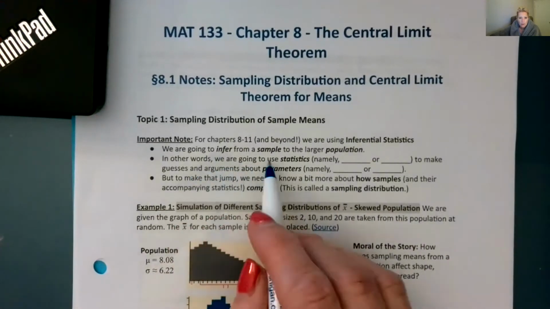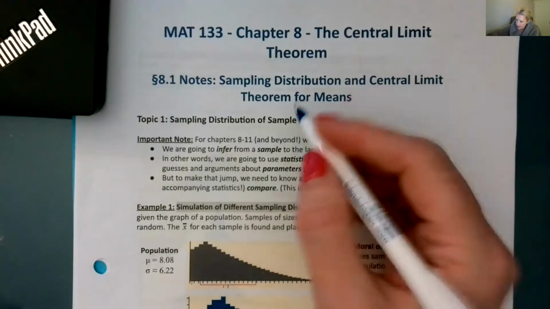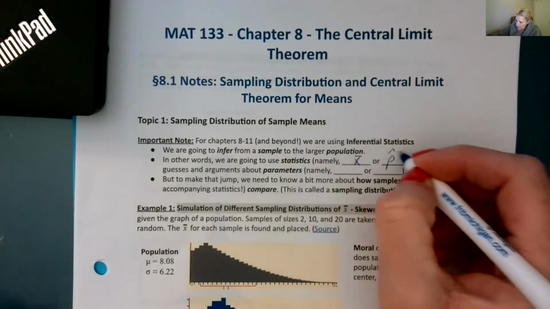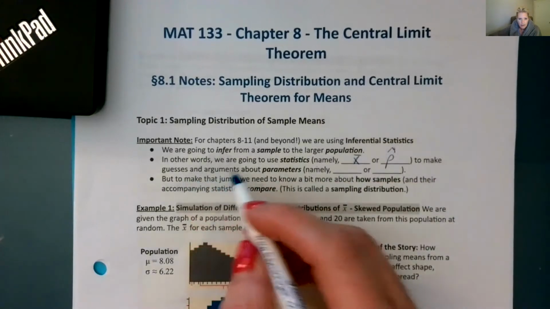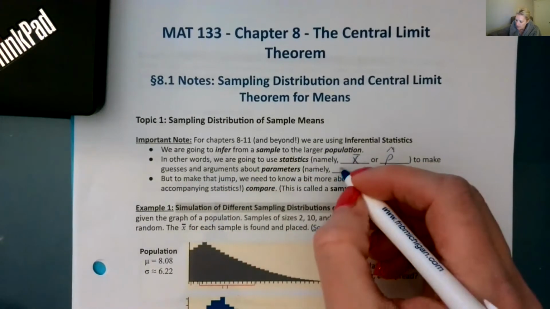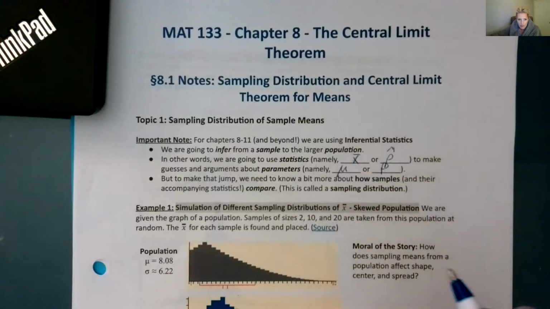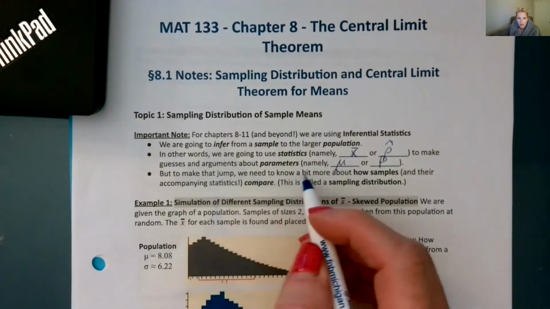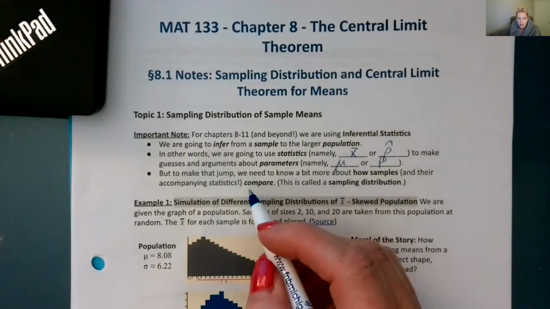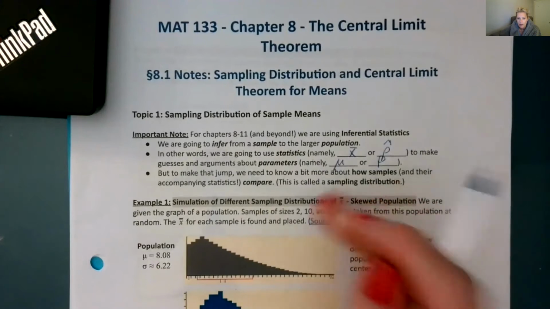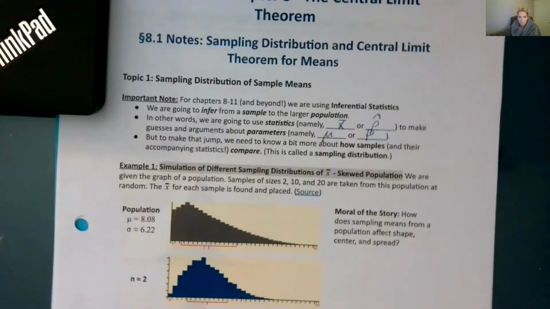In other words, we are going to use statistics, namely the sample mean x bar or p hat, to make guesses and arguments about parameters, mainly mu, the population mean, or the population proportion p. But to make that jump, we need to know a bit more about how samples and their accompanying statistics compare. This is called a sampling distribution. So how do samples compare to each other?